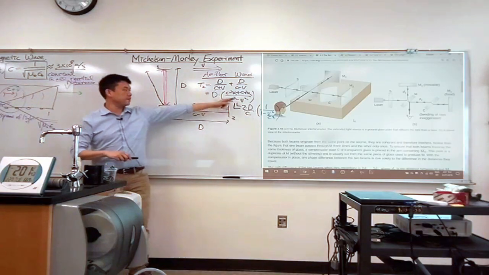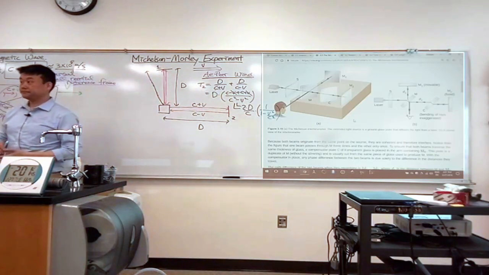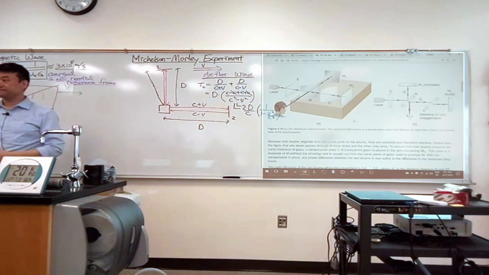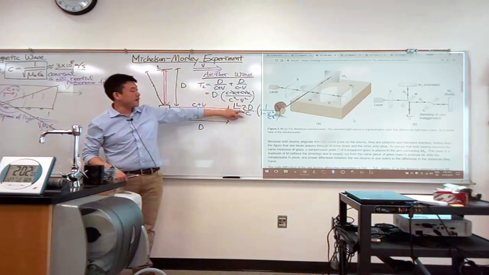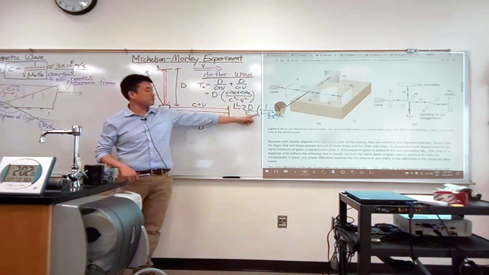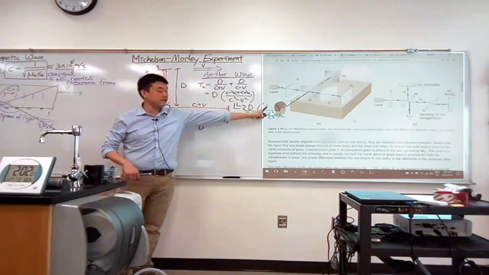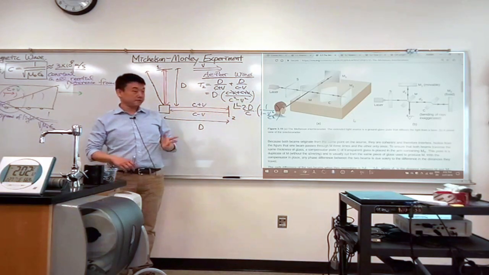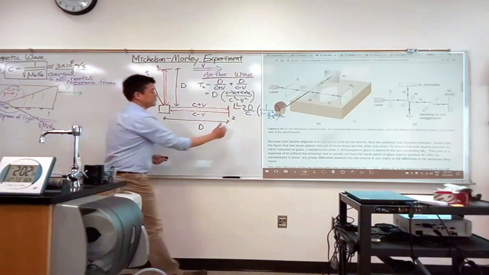Is this correct coming from here? Good. Multiply top and bottom by c, then you should get c divided by c squared minus v squared, which is what this is with this 2. Good. All right, so that's my T2.